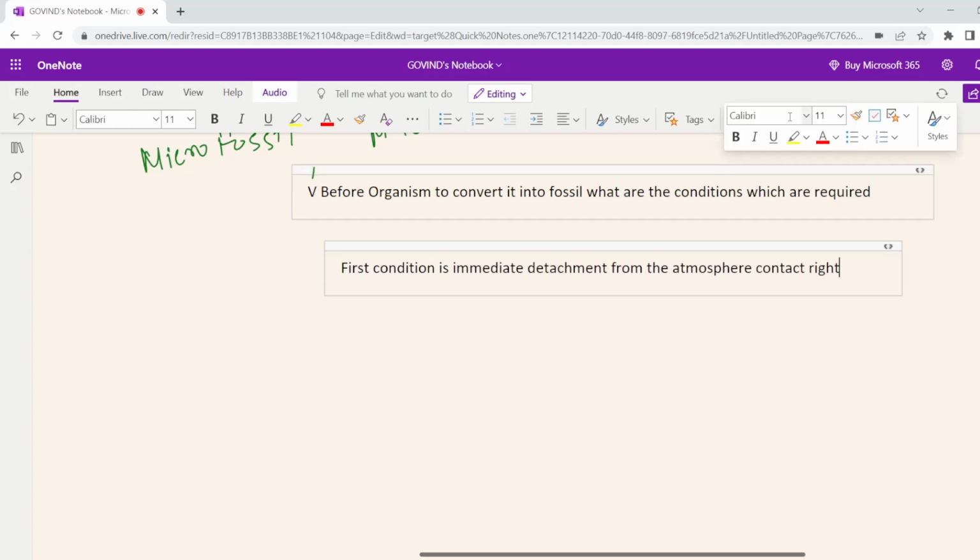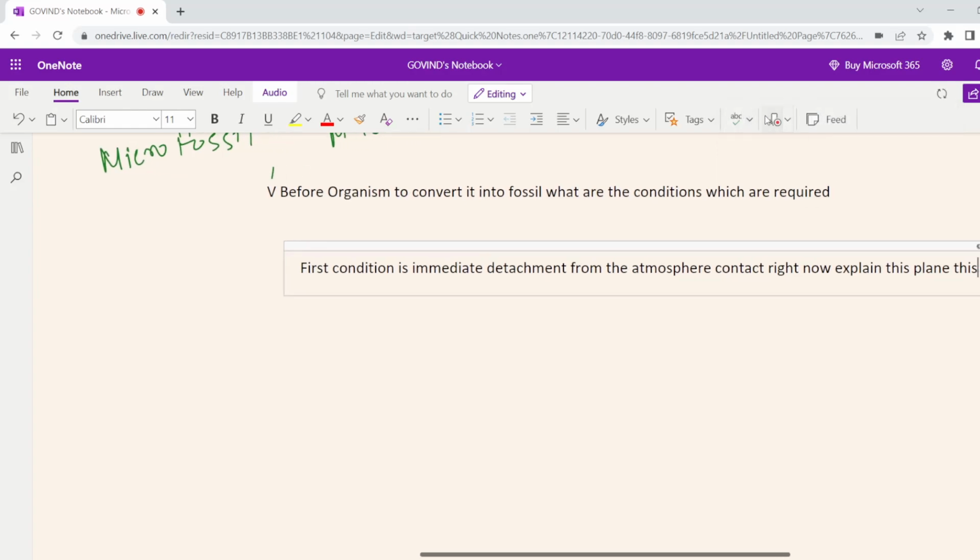Now let me explain this. Very important: for an organism to convert into a fossil, the organism must show immediate detachment from the atmosphere contact, because we know that in the atmosphere oxygen is present, which is the strongest agent in decomposition. So that is the first important thing.